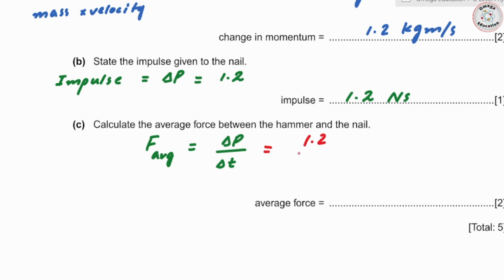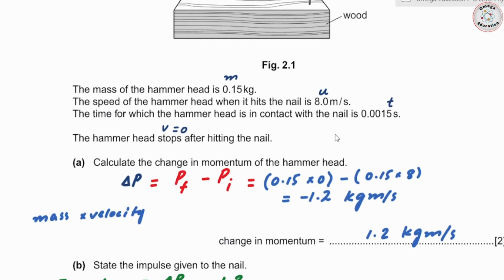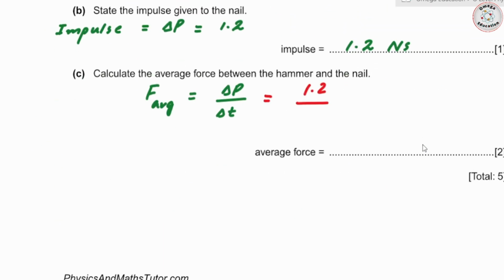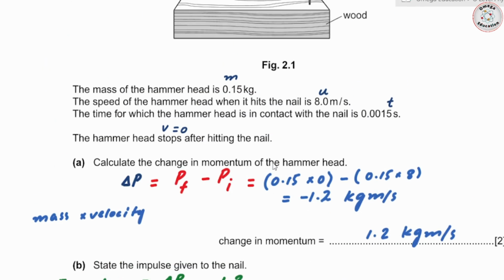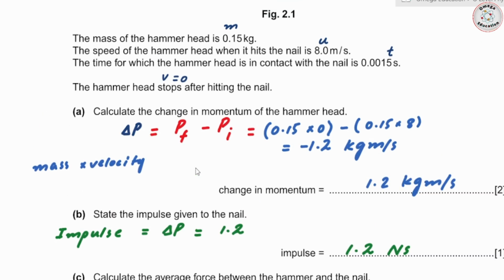In how much time was the momentum changed? T was given as 0.0015. You write 0.0015 over here. And then you just hit it on the calculator. It'll be 800 Newton. So this is how you can find average force, and this is how you can find impulse. This is how you can find change in momentum.